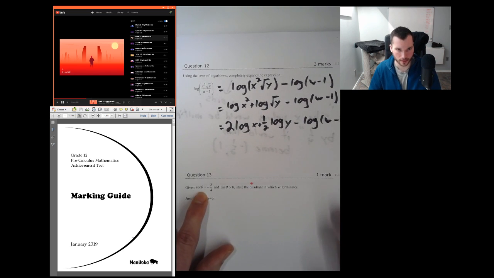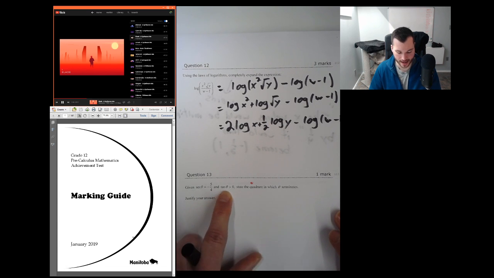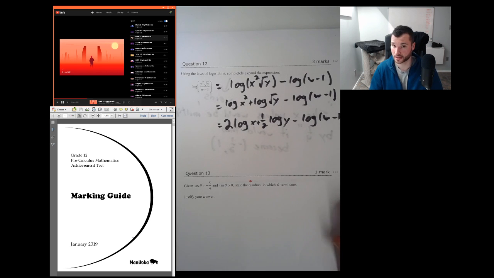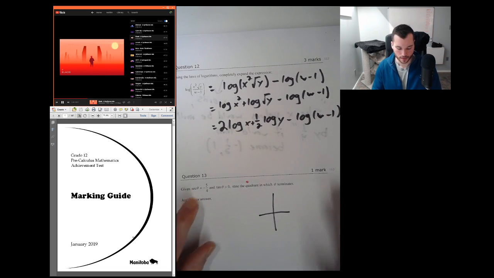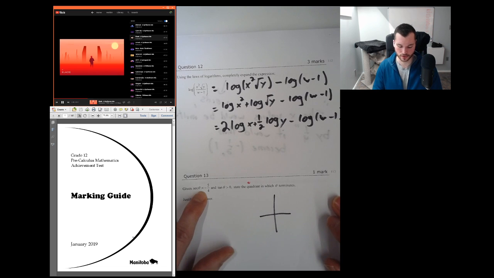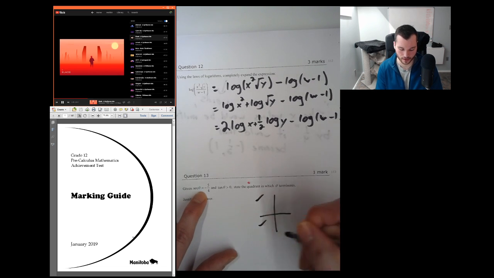Given secant theta is equal to -5/4 and tan theta is greater than 0, state what quadrant theta terminates in. Justify your answer. Again, a justify can be math, it can be explanations, or a justify can be this. Secant theta is negative, where cos is negative. So we have negative here and here.